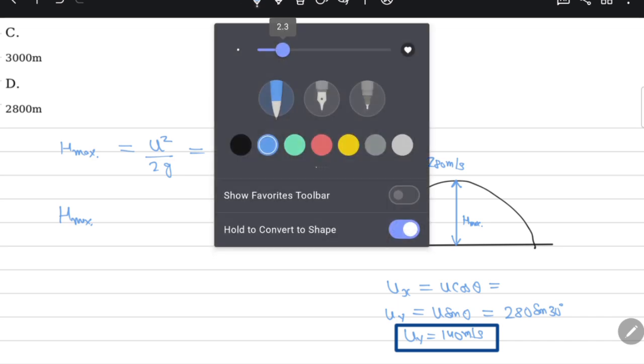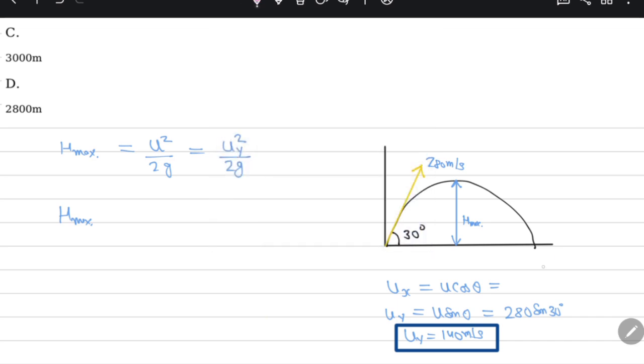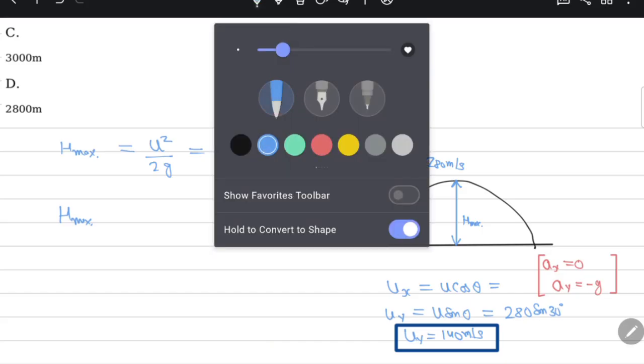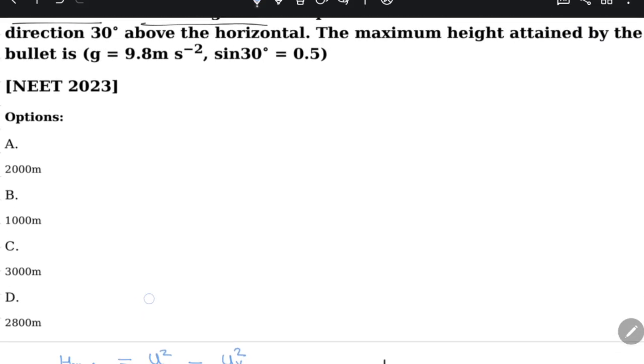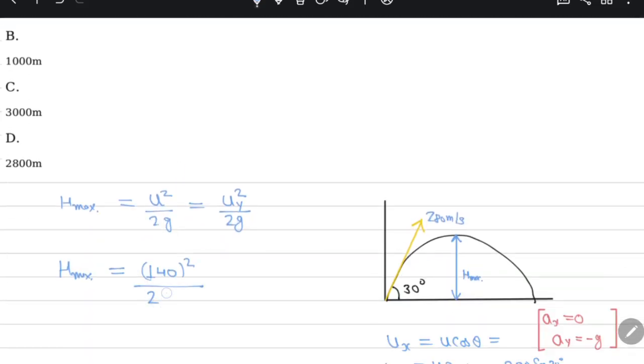And already the acceleration in the x direction is 0, and the acceleration in the y direction is minus g. So h max comes out to be uy squared, 140 squared, divided by 2g, where the value of g they have given is 9.8.